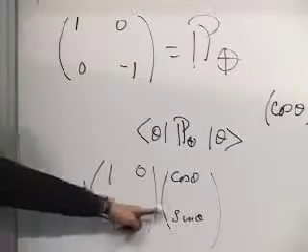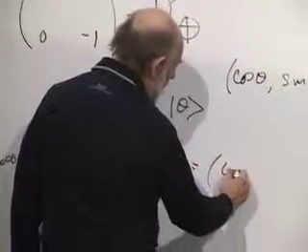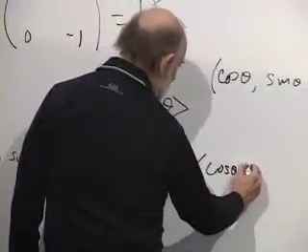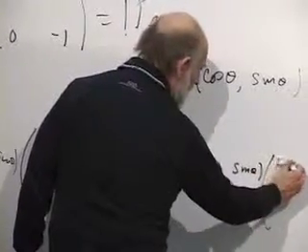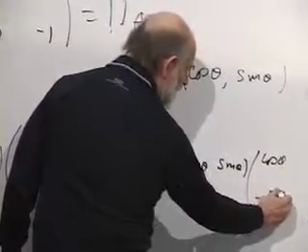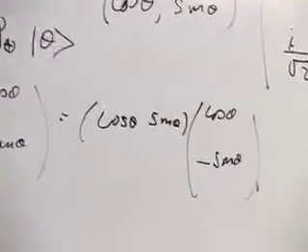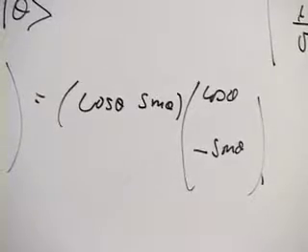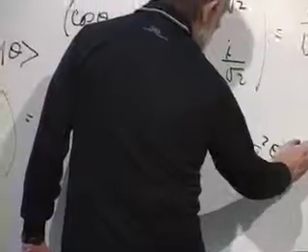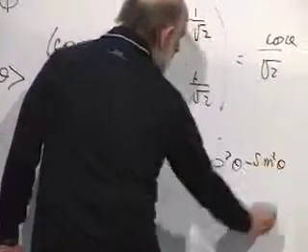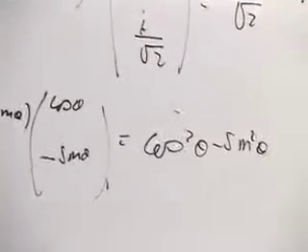It just changes the sign of the bottom entry. So it just gives you cosine theta, sine theta, times cosine theta, minus sine theta. That inner product is cosine squared theta minus sine squared theta, which is also something else. Cosine 2 theta.